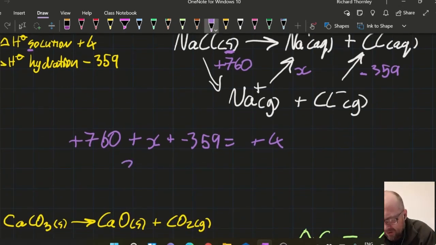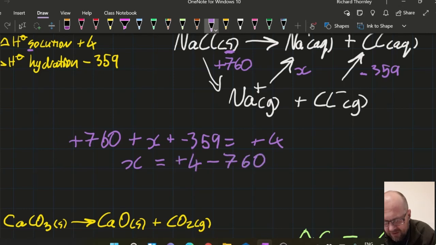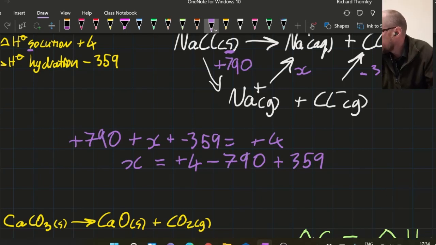So to get X on its own, I've got X equals 4 minus 760 plus 359. Have I got that right? So plus 4. It's not 760, it's 790. Doesn't make any difference. There's only one minus 790. So B, is it B? 16B.